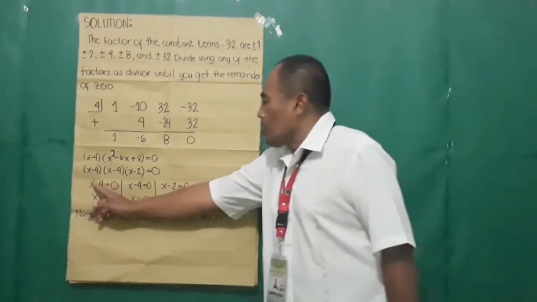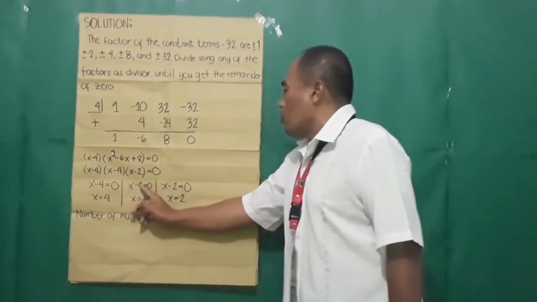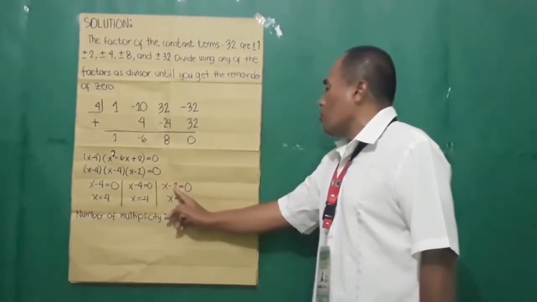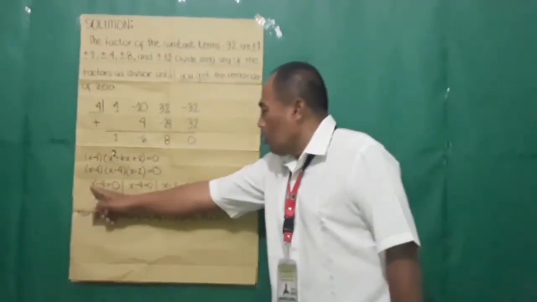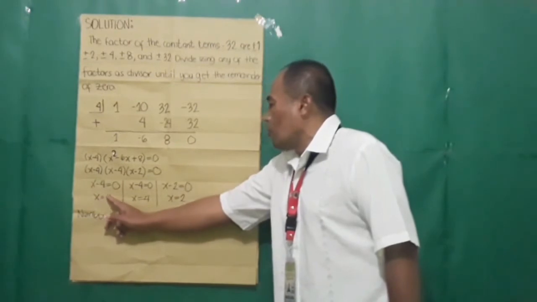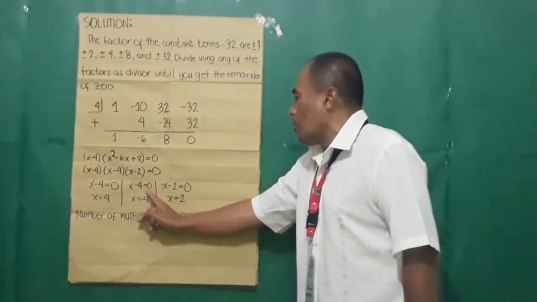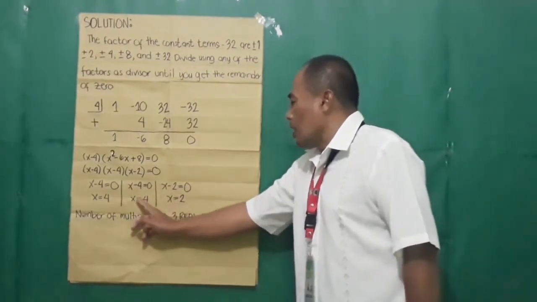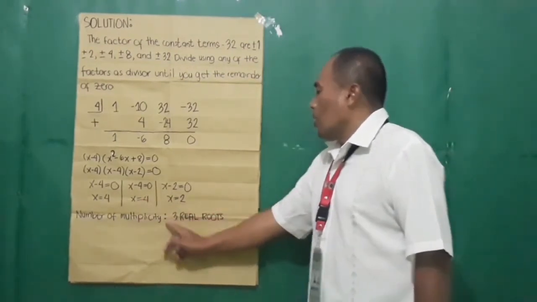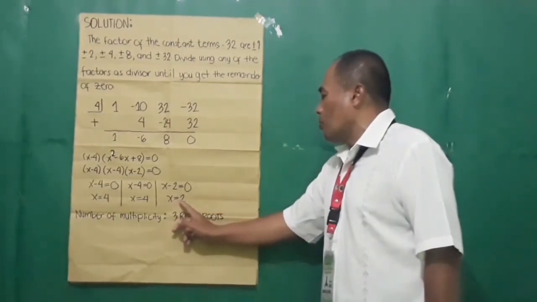So x minus 4 is equal to 0, x minus 4 is equal to 0, x minus 2 is equal to 0. Transposing the negative 4, x equals 4. Again, x minus 4 equals 0, so x equals 4. x minus 2 equals 0, transposing to the right, x equals 2.